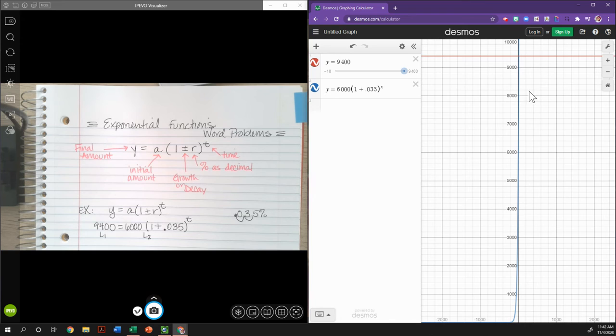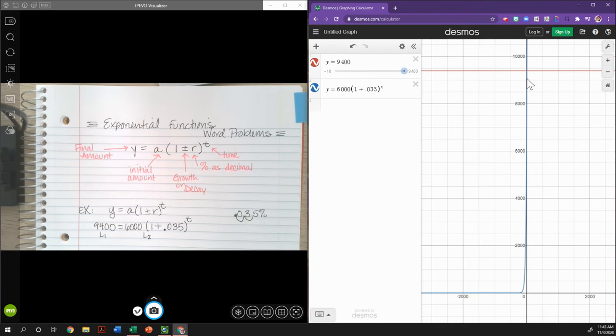Okay, you've got lots of different adjustments that you can make, but you just want to get it to where you can see the blue one, that's this one, and the red one here. Okay, it doesn't have to be perfect. All right, and then you want to see where they cross. Okay, all right, and they cross here, and I'm going to write this down.